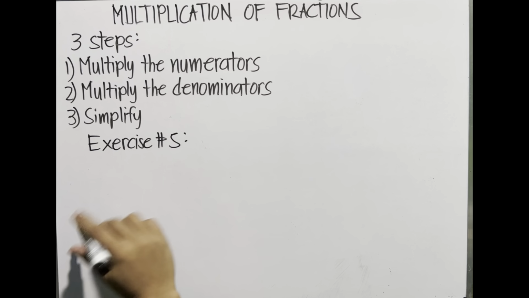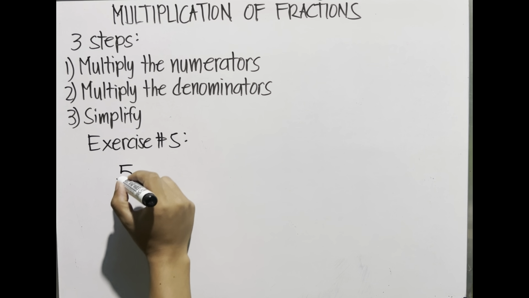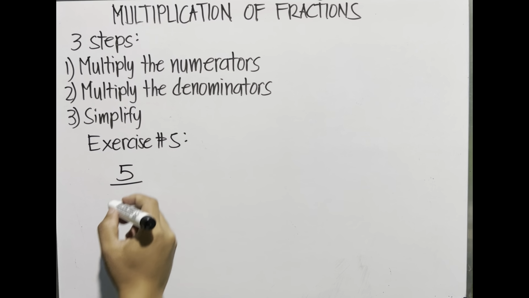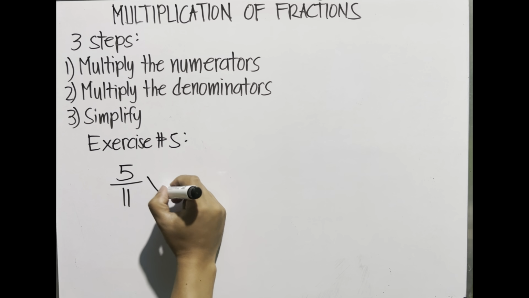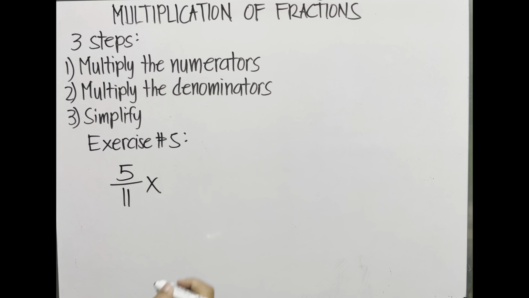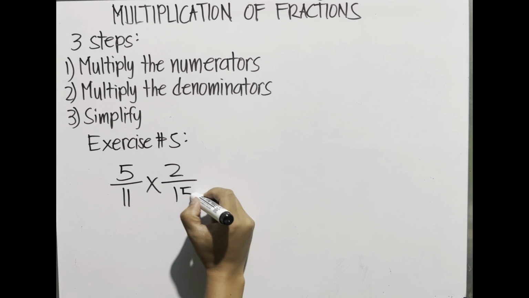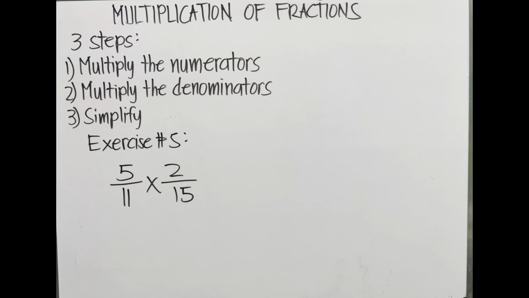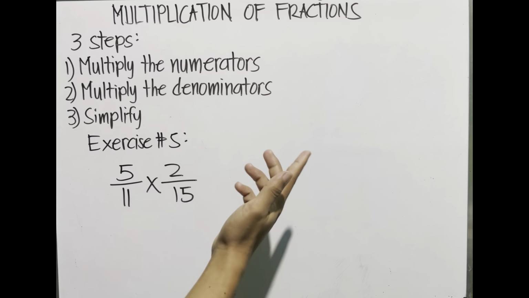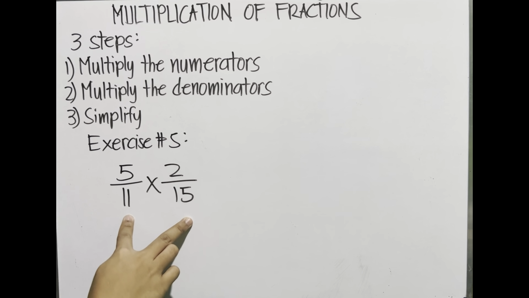Try natin to. 5 over 11 times 2 over 15. So try natin again, numerators. Pag ganyan, 5 times 2 is 10. So how about this, malaki? 11 times 15.